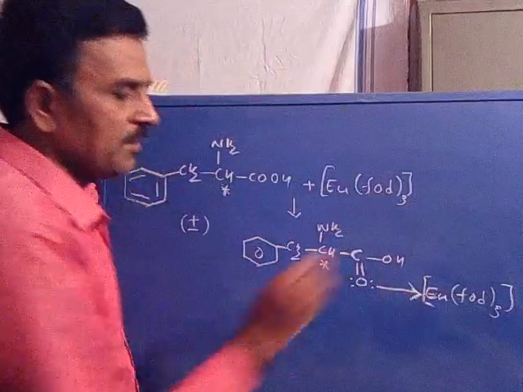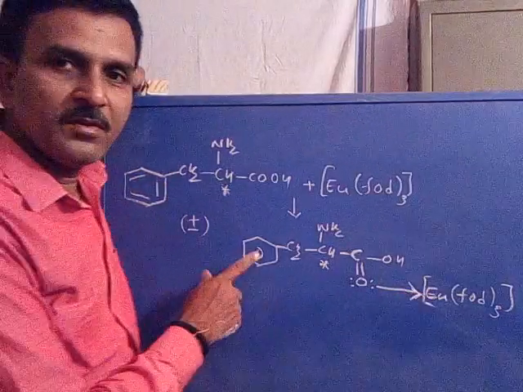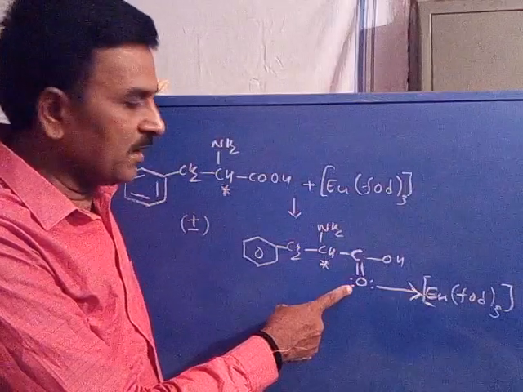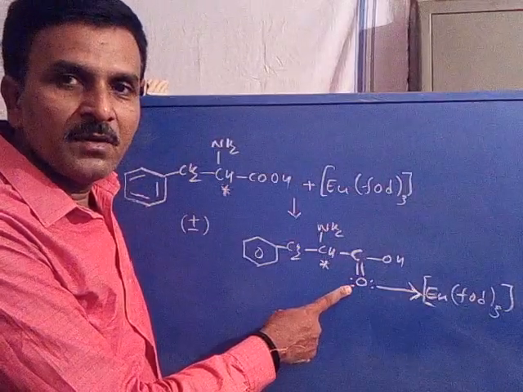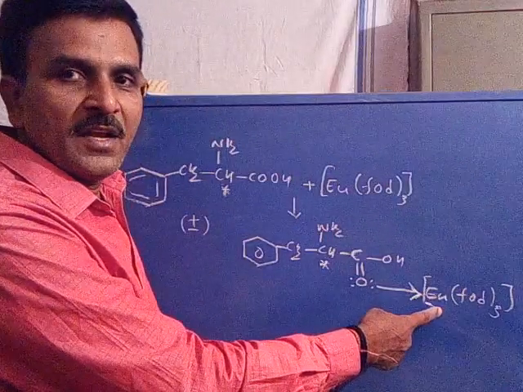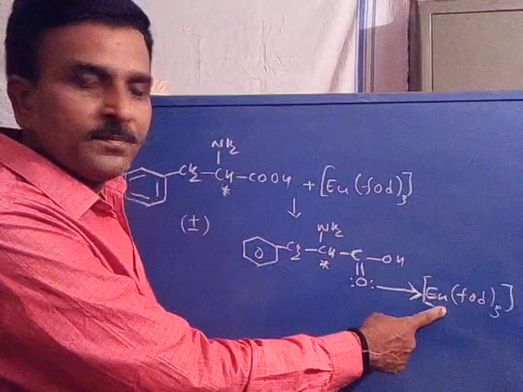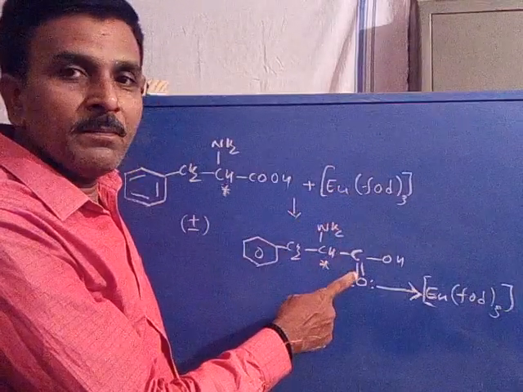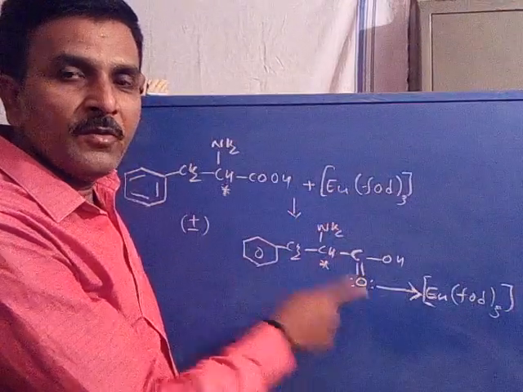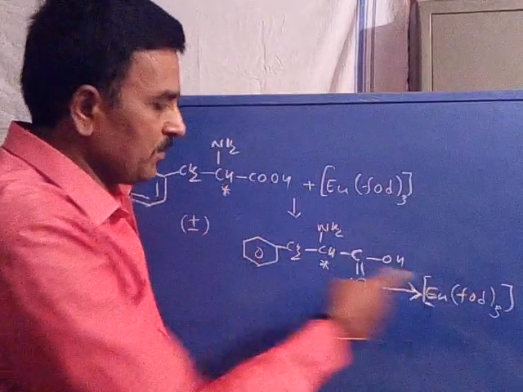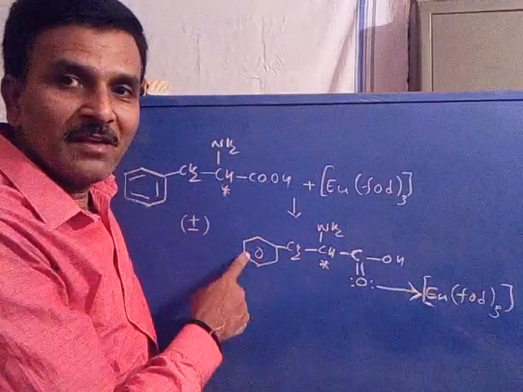This is a coordination bond. What happens? An amino acid, through the carboxylic acid group, that is oxygen non-bonding electrons, is involved in the coordination with the europium +3 ion present in the complex. These are the chiral lanthanide shift reagents. They form a coordination bond with each isomer of the enantiomeric pair to be transformed into a diastereomer.